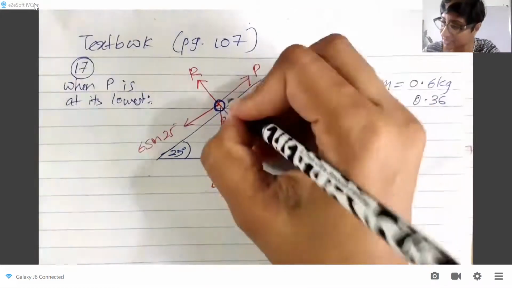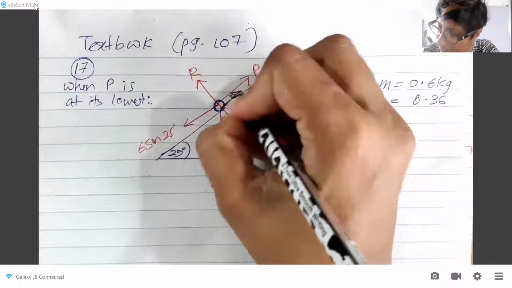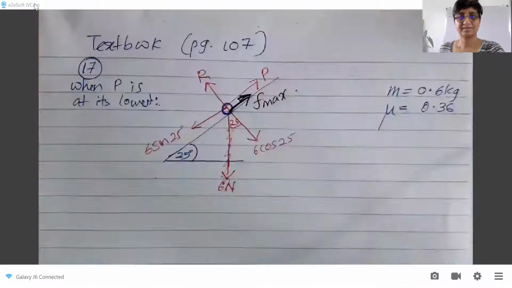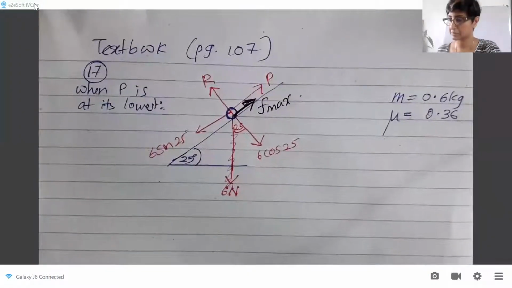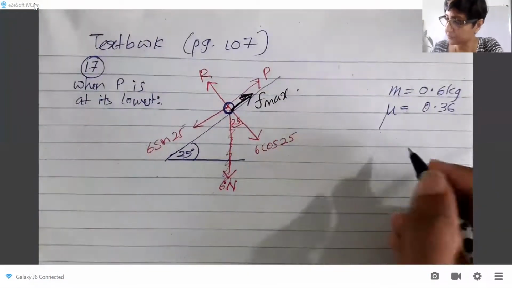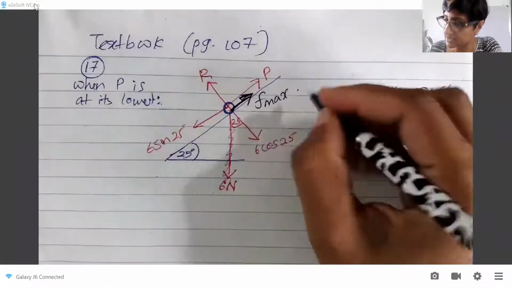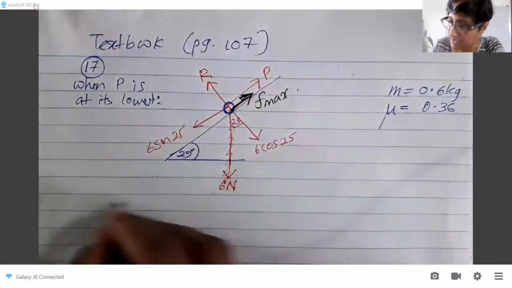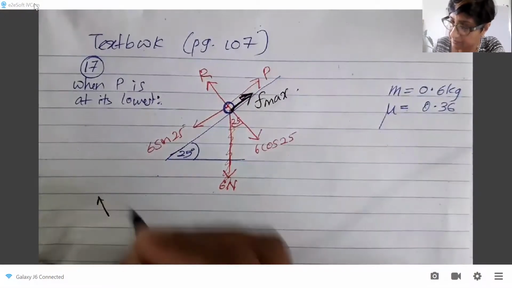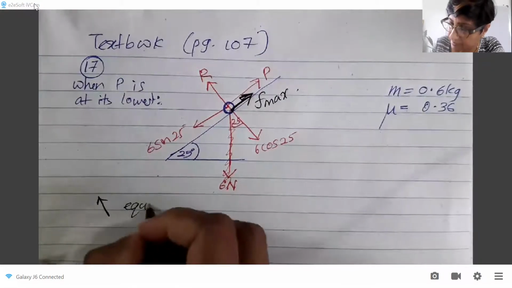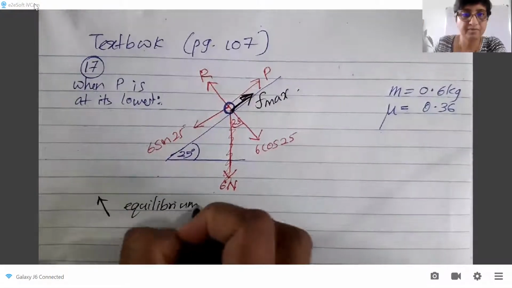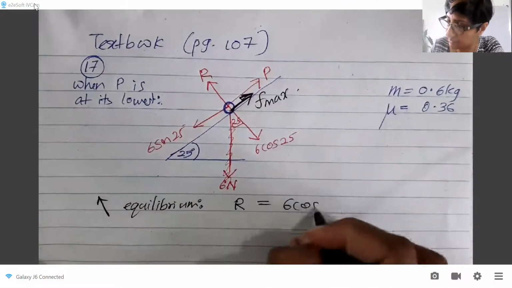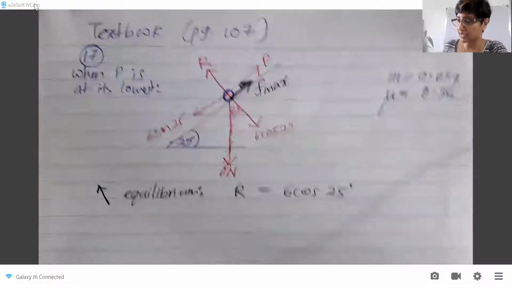F max up. Remember, F max is equal to mu R. Now you need to find R. So if you consider vertical equilibrium, R is equal to 6 cos 25. You can find that value or leave it like that.